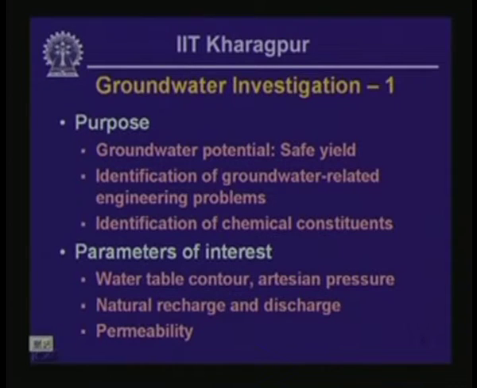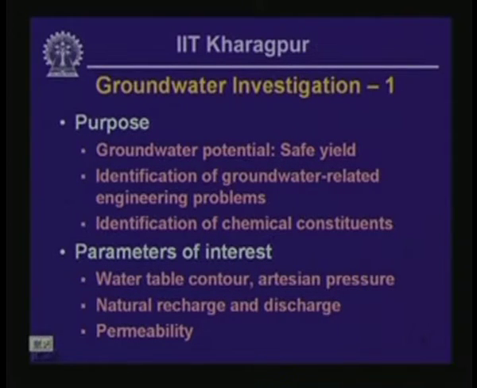Then the second purpose is to identify groundwater related engineering problems. We are going to look at some of these problems sometime later, some of the groundwater related problems that often need to be handled by engineering geologists. And then we need to identify also the groundwater chemistry in some problems.